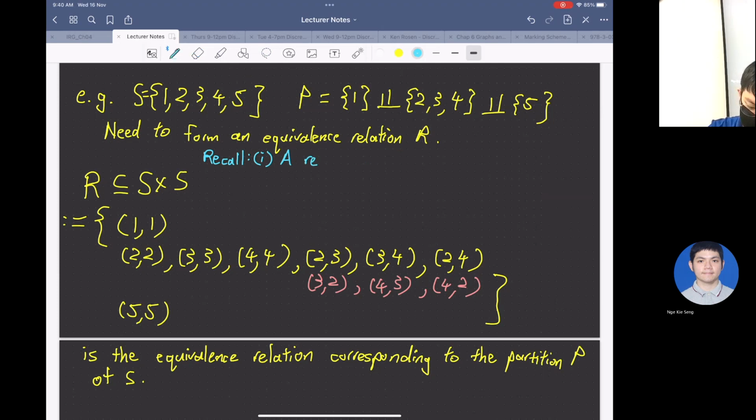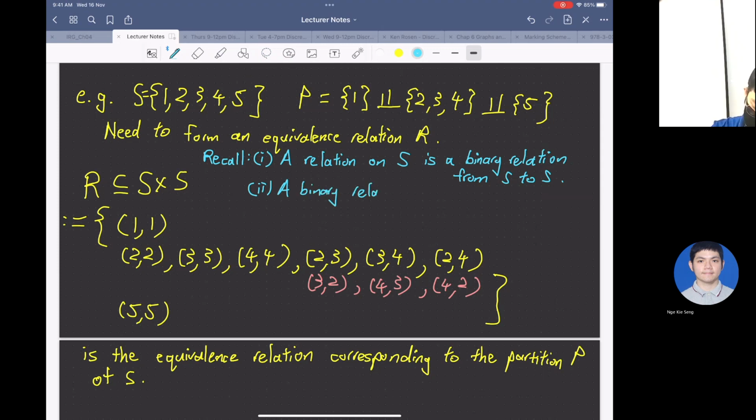A relation on X is a binary relation from X to X. What is a binary relation?